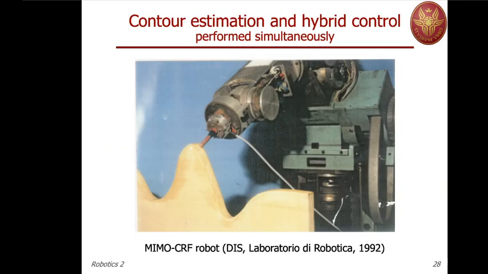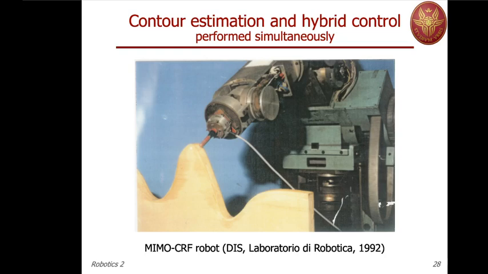Now, with this in mind, we perform a more general contour estimation. In fact, we built in-house a wooden profile. It's funny because I found this wooden profile, which now is stored somewhere in the lab. I found a similar contour in another lab around the world.